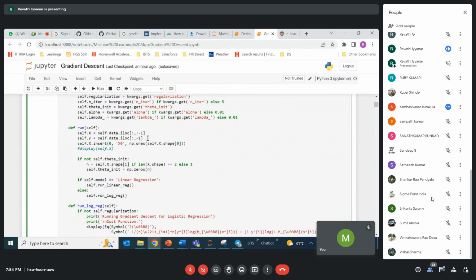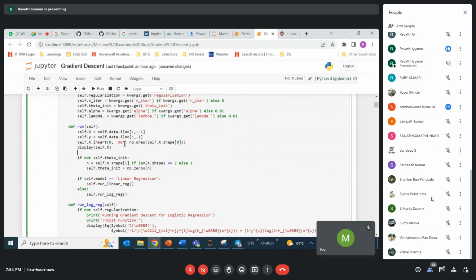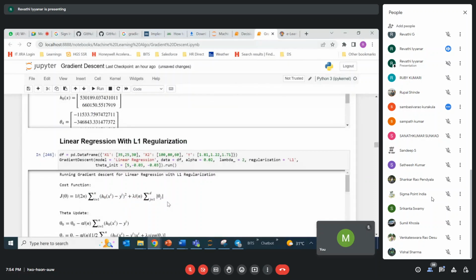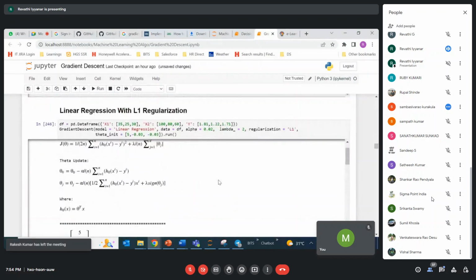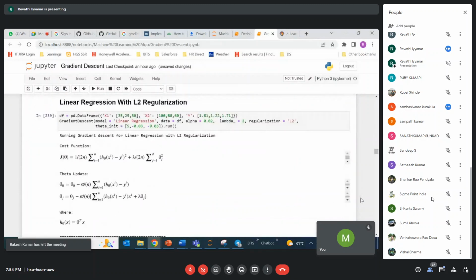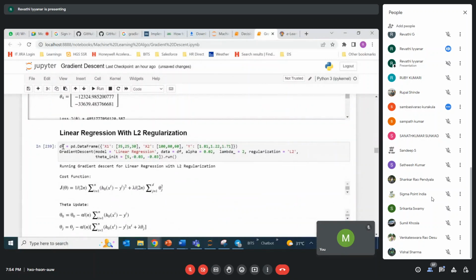No changes are required here, only in this line, right? Let's say L2 only we modified. For L2, here we have to give the parameters x1, x2, y, and then modify the alpha and lambda. This is for linear regression.